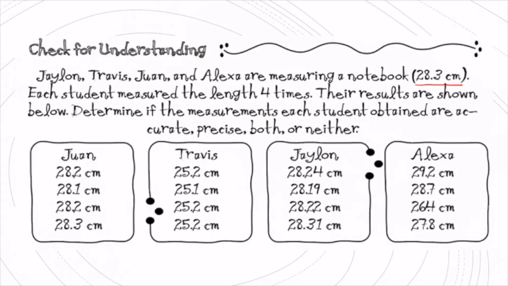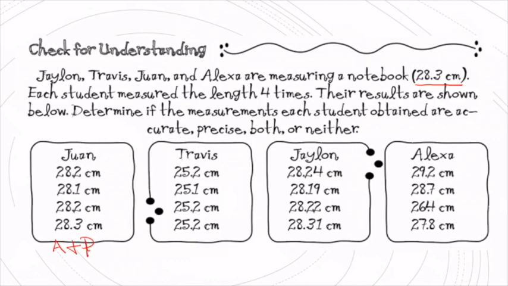So starting with Juan, would this be accurate or precise, or both, or neither? So 28.3 was the actual measurement. They're all very close to 28.3. They're also all very close to each other. So this would be accurate and precise.